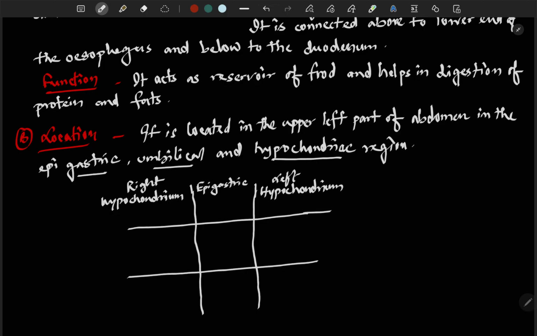Okay, and the middle portion is the umbilical region. This is the right lumbar region. This is the umbilical region. Left lumbar region.